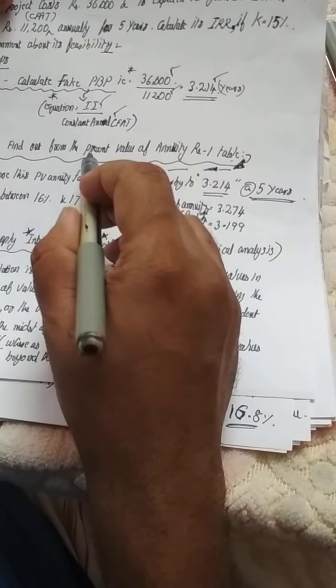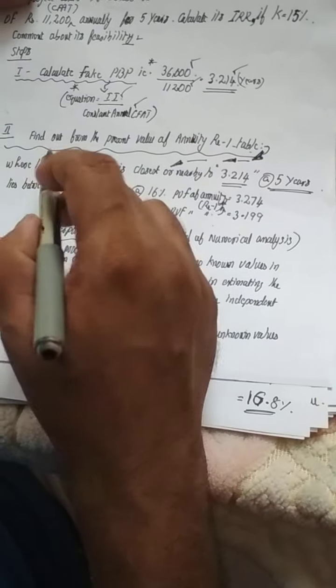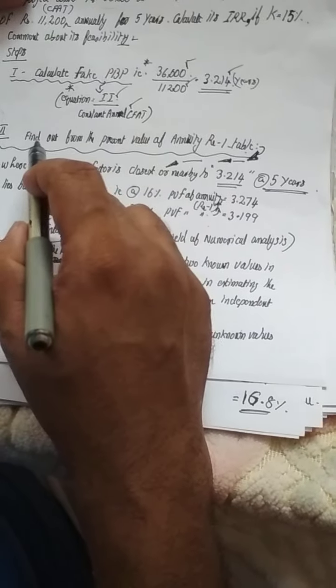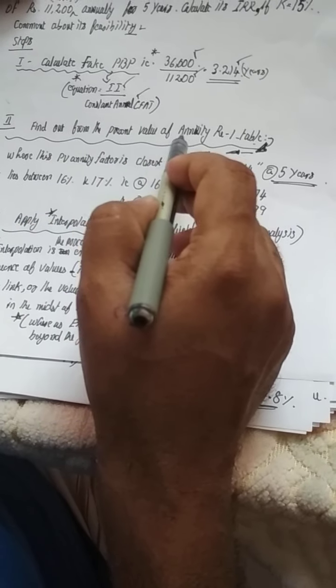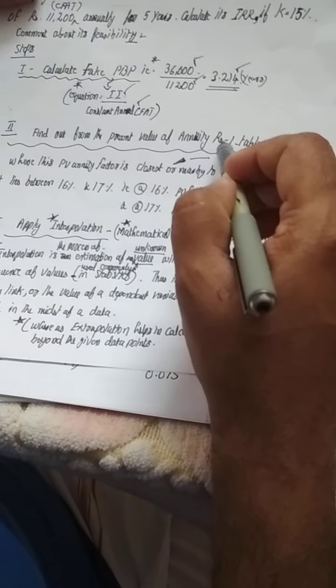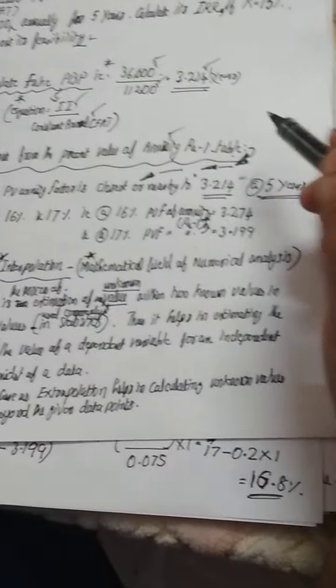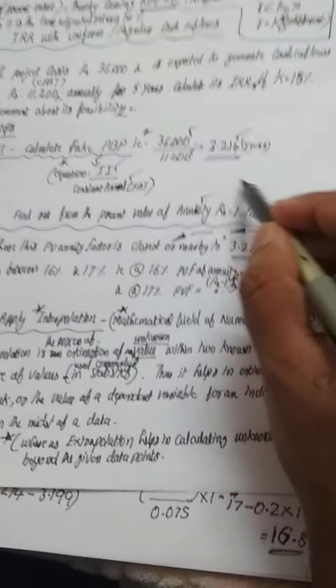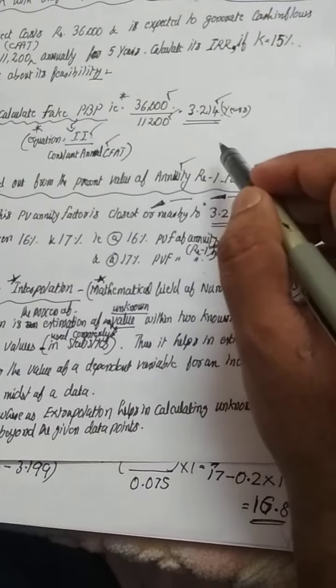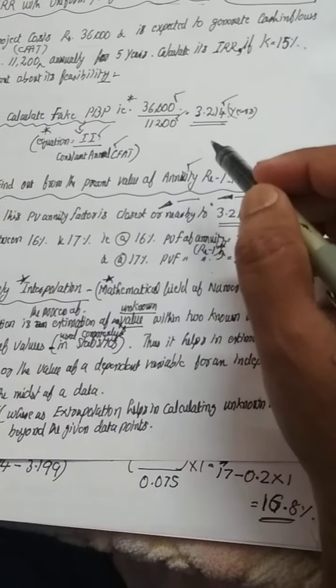Make it very clear why we are using it: it's not a single amount, is it? The inflow is regular, the same 11,200, so we are using the annuity table. I told you, for a regular cash inflow we have to use the present value of annuity table.